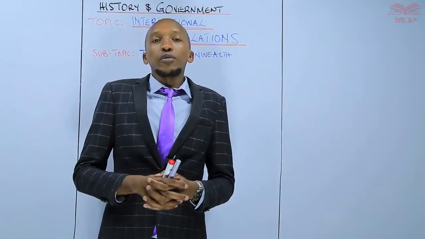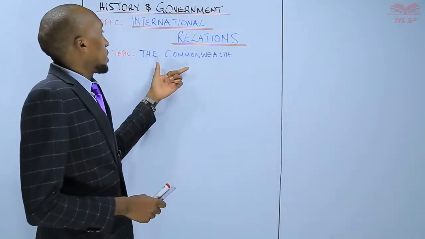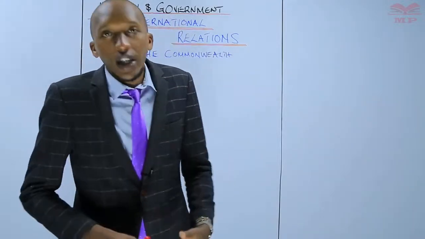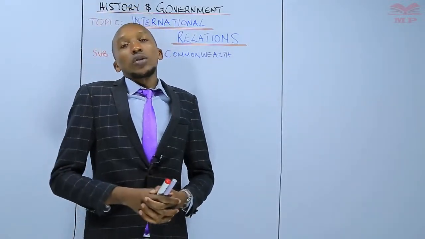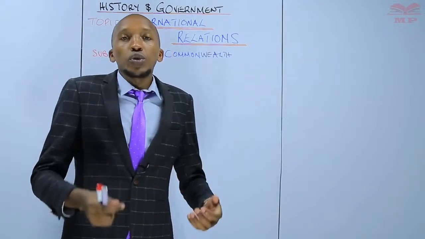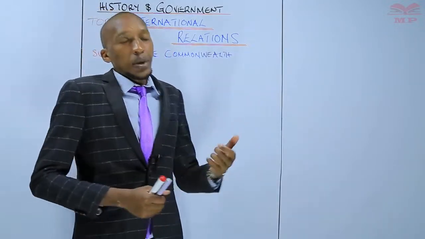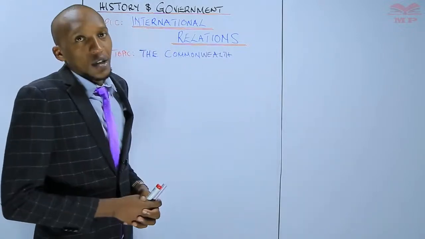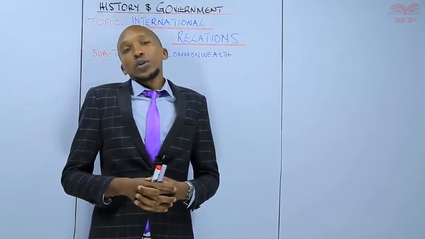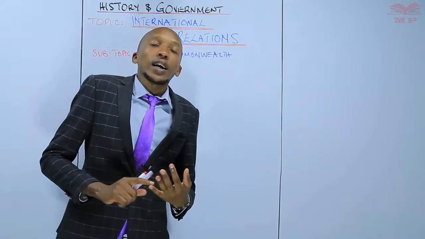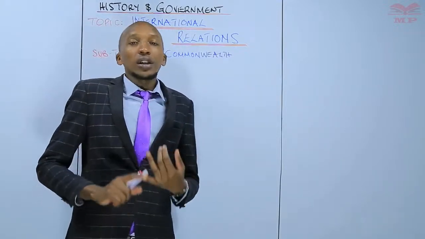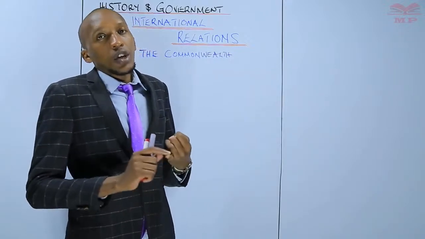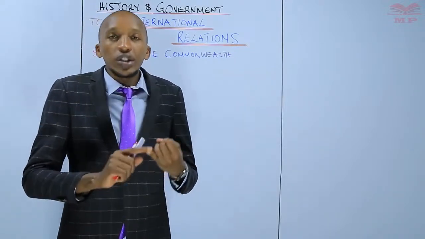We have specifically started looking at the Commonwealth as an international organization that is concerned with promotion of international peace. In our previous lesson, we defined what Commonwealth means, and we said it is an association of independent states that were part of the British Empire.